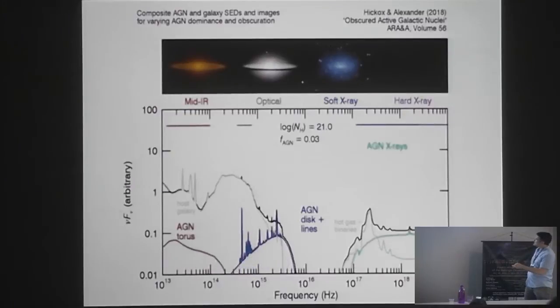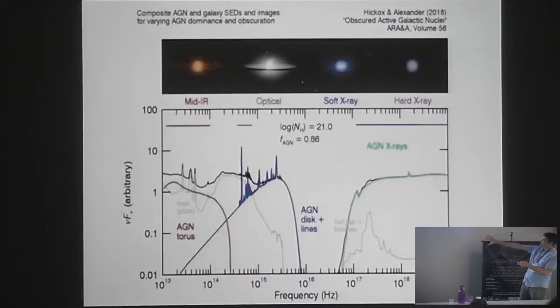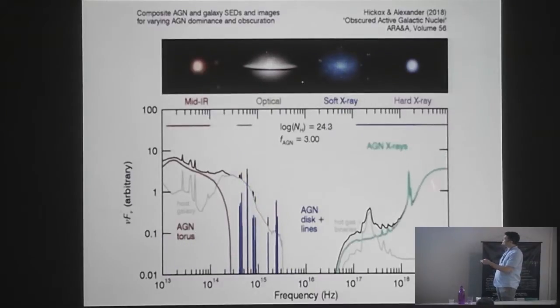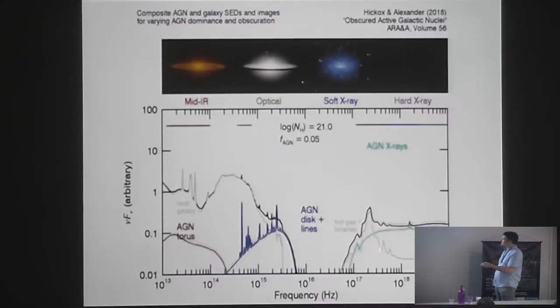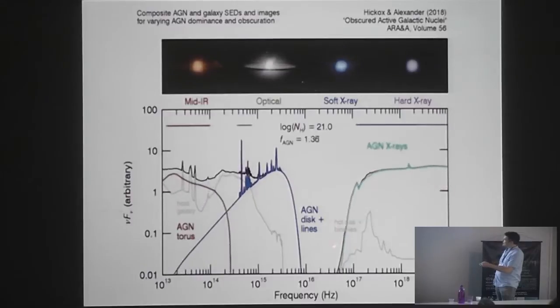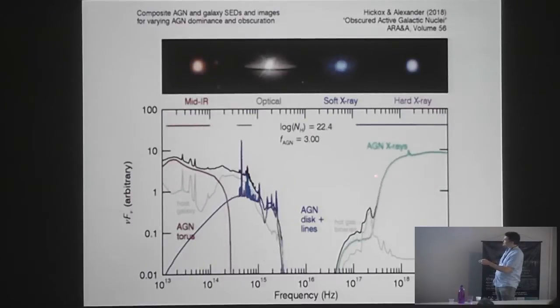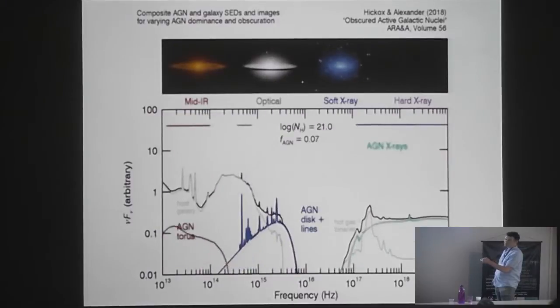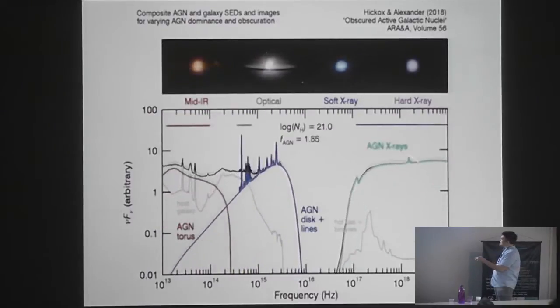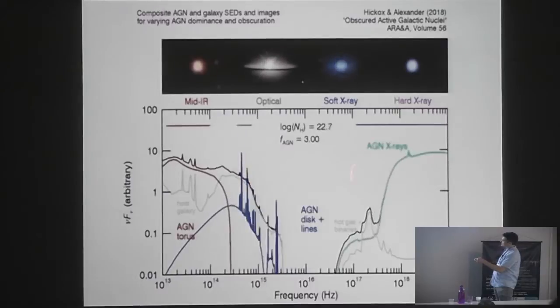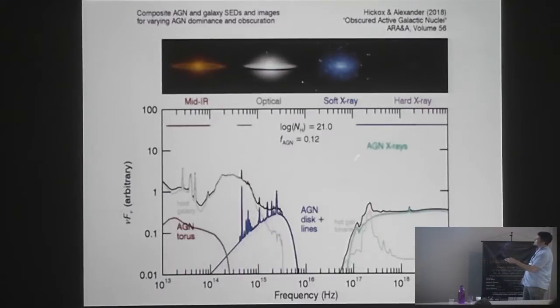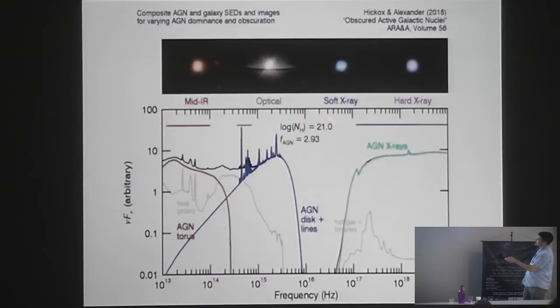You also see, there's lots of things going on here, so we can focus individually on wave bands. In the X-rays, you see that there's a power law here, and then an absorption term. And as you increase the absorption, you still see the AGN up until very high column densities. But you start missing it in the soft X-rays very quickly. Essentially this is a column density of about 10 to the 21.